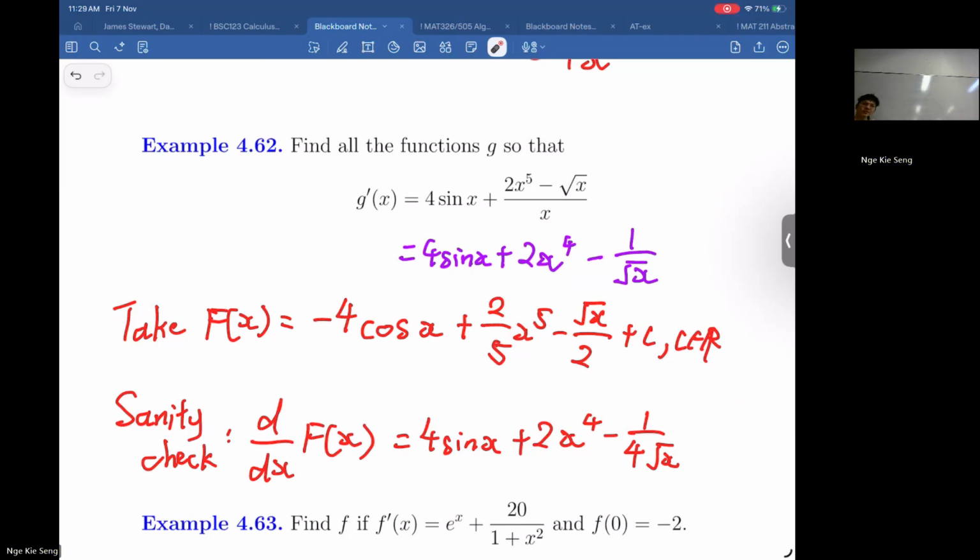So now you agree that the solution is wrong? Do you agree? Because this check doesn't match up with g prime. Match or not? This is 1 over 4 square root x, and this one is 1 over square root x. Wrong, right?